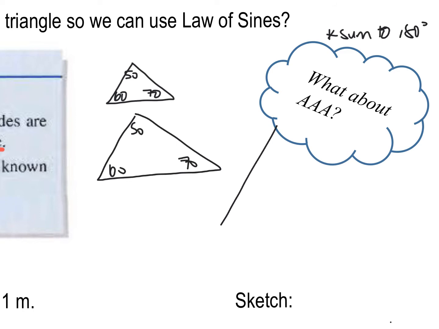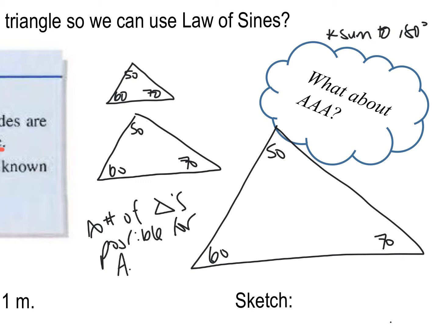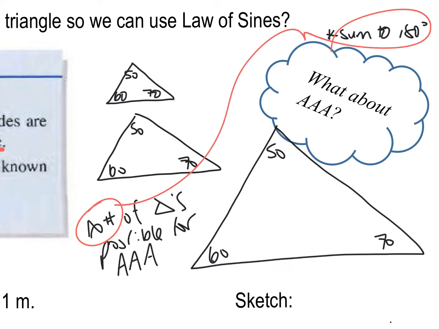And I can make a huge triangle that is way bigger than any of the others, 50, 60, 70. So there's actually an infinite number of triangles possible for AAA, as long as you make sure the angles sum to 180.